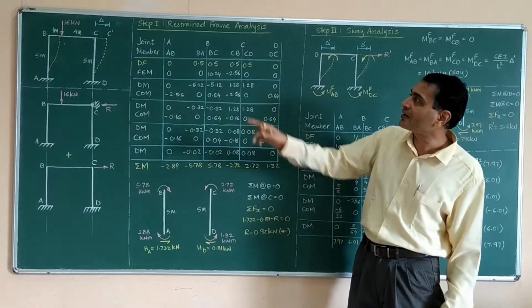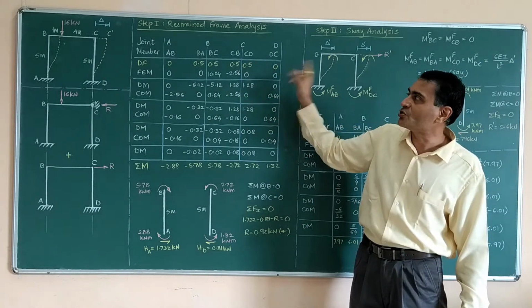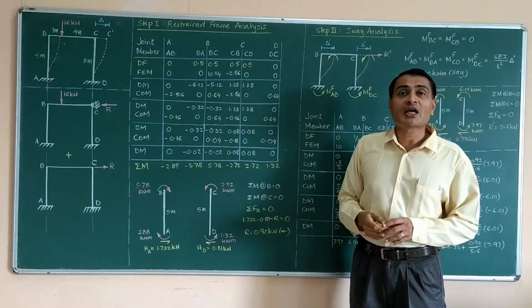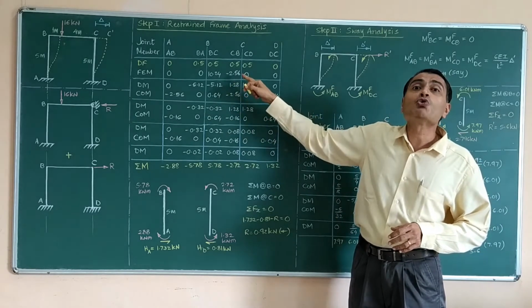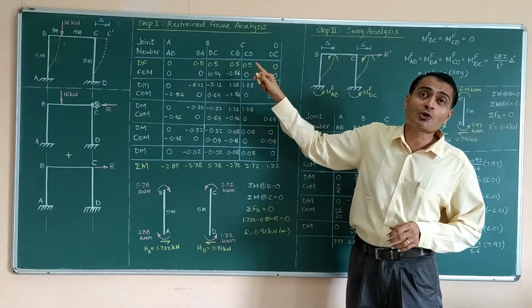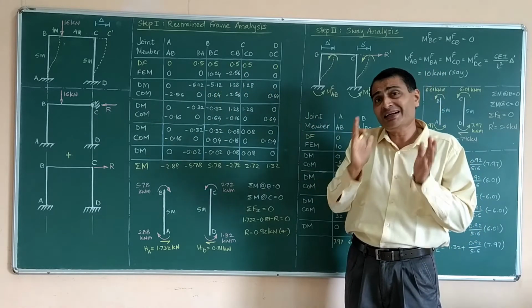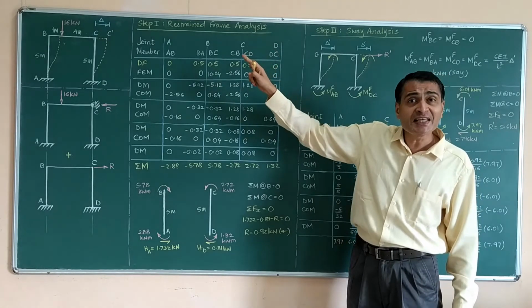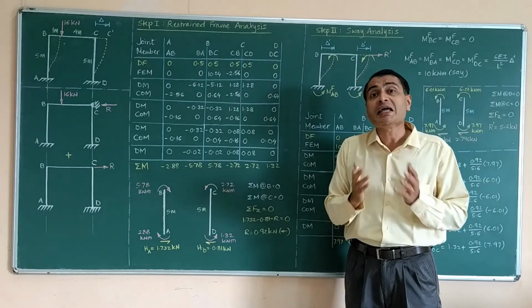Observe distribution factors 0, 0.5, 0.5, 0.5, 0.5, 0. Fixed end moments 0, 0, then for BC and CB, 10.24 and negative 2.56, anti-clockwise and clockwise. You will get those answers. Just go for correct calculation. And again 0, 0 for CD and DC. So those are my fixed end moments.